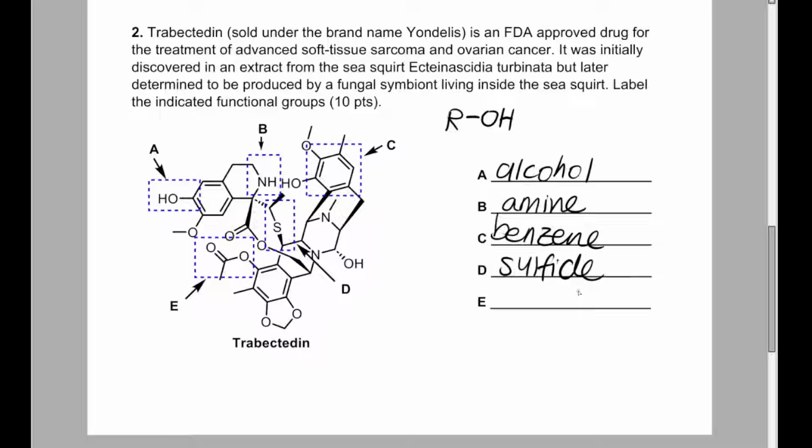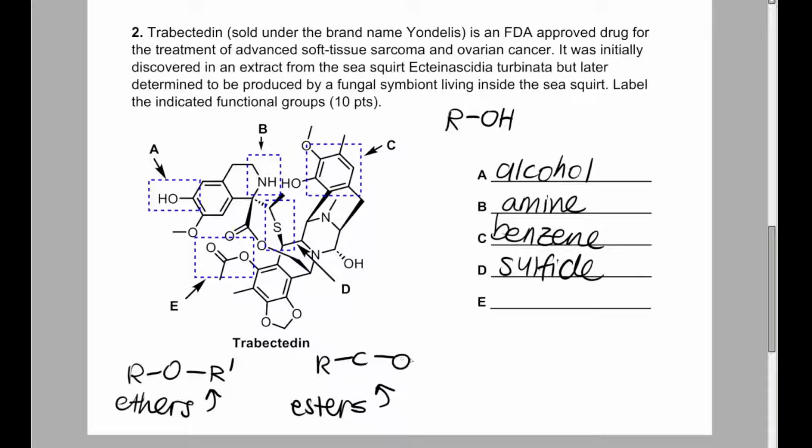And E is an ester, not an ether, and the way we can tell these apart is that ethers look like this, and this R prime means it could be a different R or alkyl or aryl group, while esters look like this. And as you can see, there's some similarities.